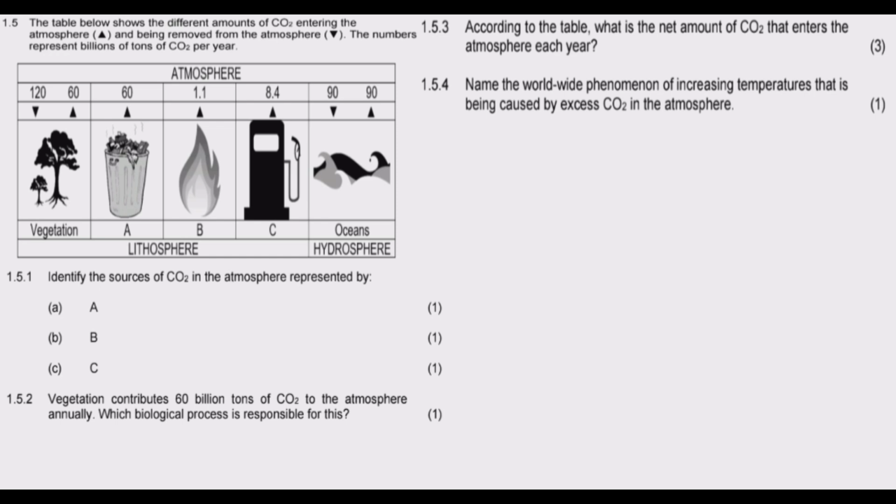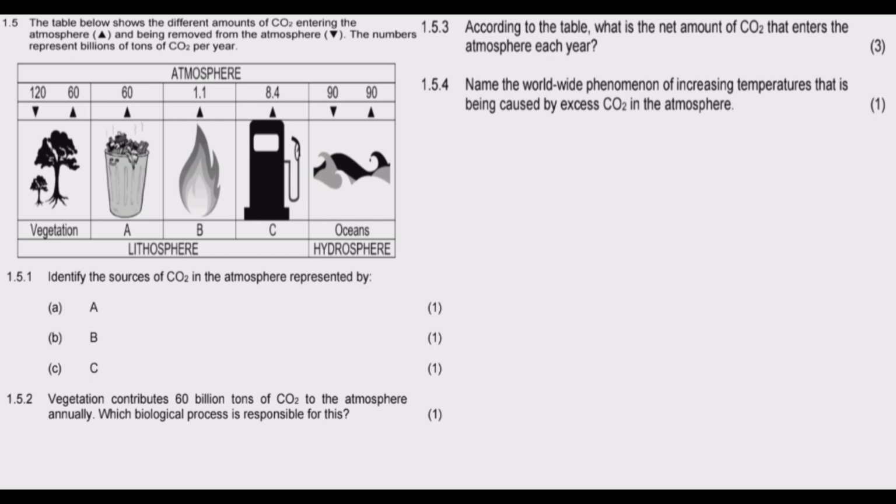Now when we look at these, we should all understand that the trees are removing carbon dioxide at double the rate that they are putting it in. The bins are not even removing, they are just adding carbon dioxide to the atmosphere. The same applies with the flame and the fuel products like petrol and diesel.